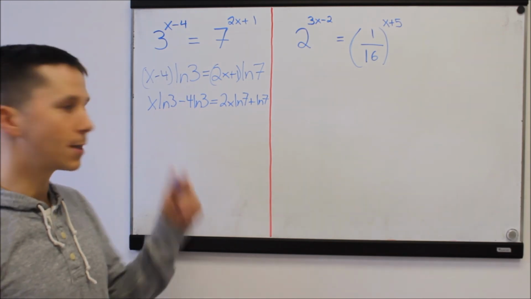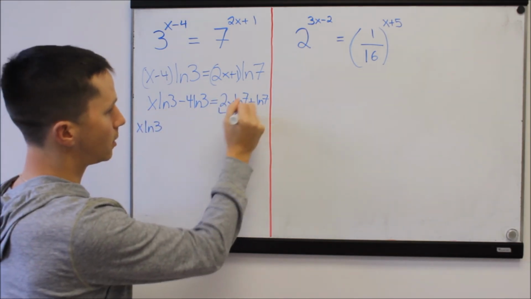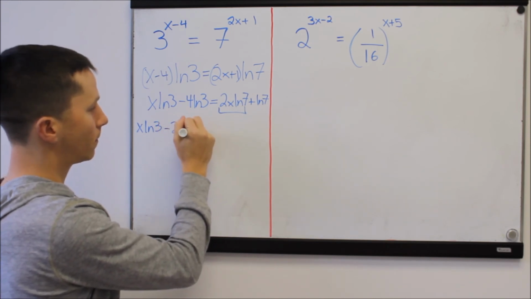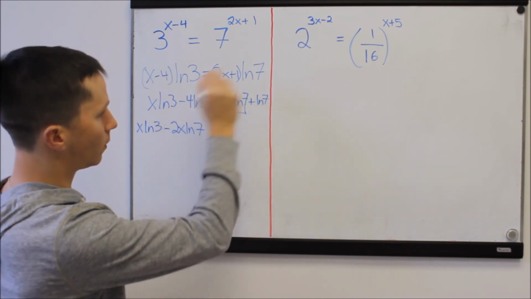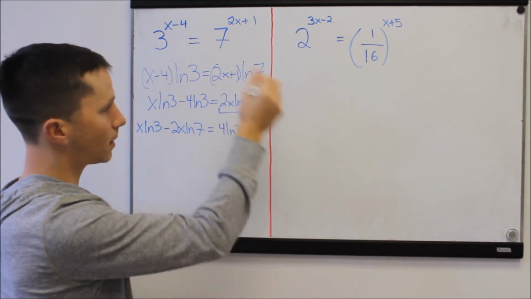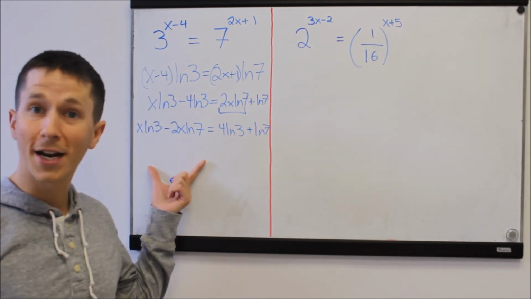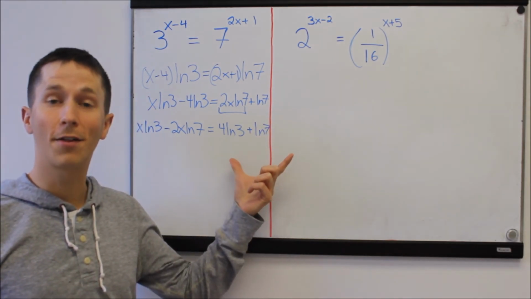Everything with an x I'm going to bring to the left side. So I've got x ln 3. I'm going to minus this 2x ln 7 over. And then I'm going to bring the 4 ln 3 over on this side. It'll be positive because I'm going to add it. Plus ln 7. Now I've got everything with an x on the left, everything without an x on the right.